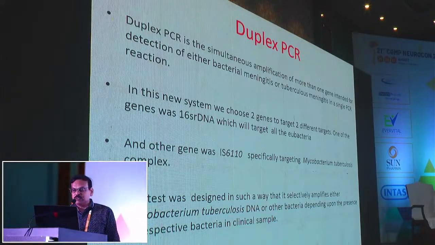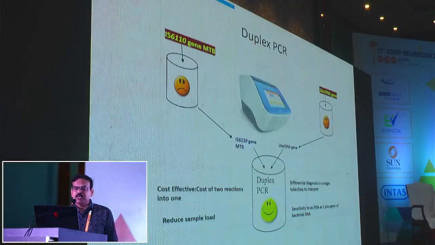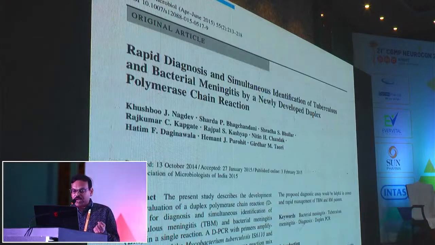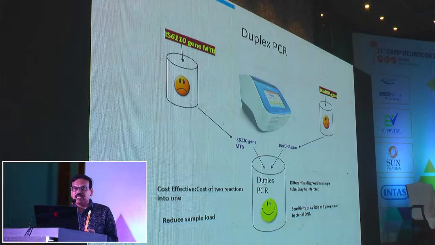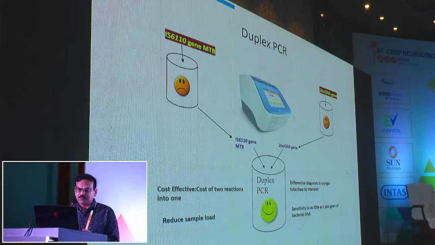This was designed in such a way that both the genes could be detected with one single test. The advantage being that the cost was low, you required very less amount of CSF, and the test could be done rapidly.